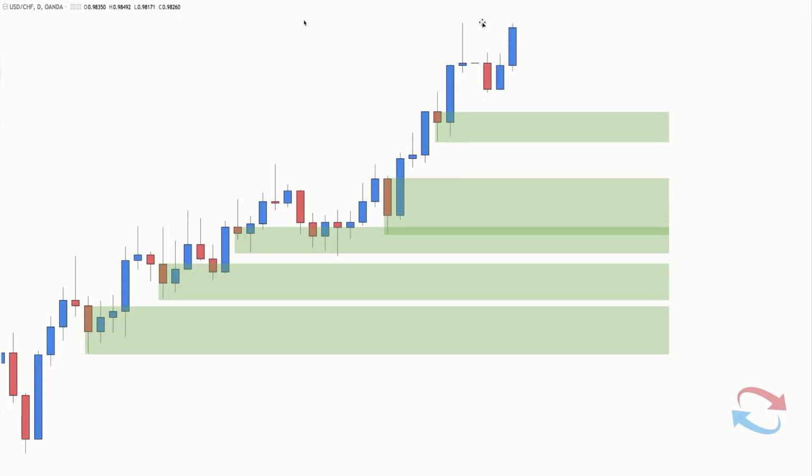And then we get this situation where we have a high, we get the swing, but we don't get a brand new high, right? So it's not clear that this is, again, a brand new high. So we can't put a demand zone. The demand zone shouldn't be put here until we get a new high.